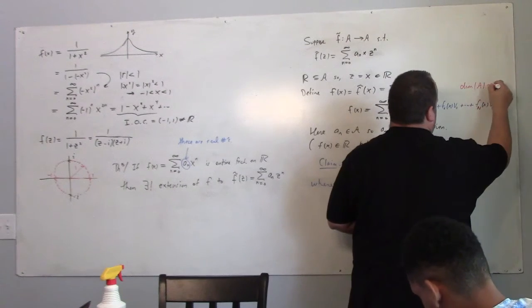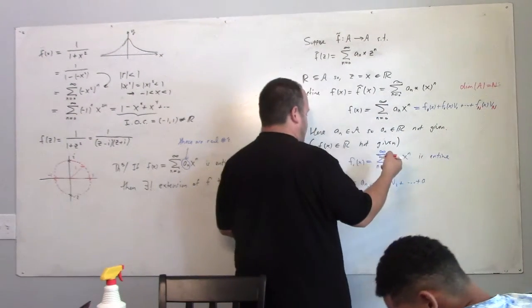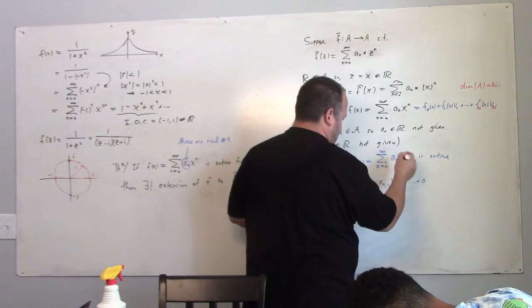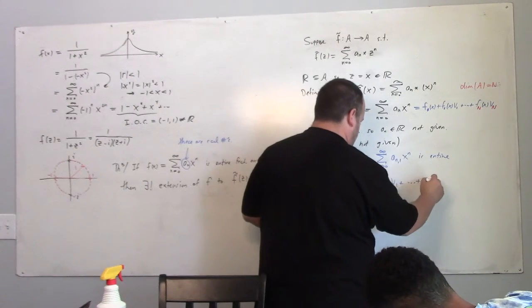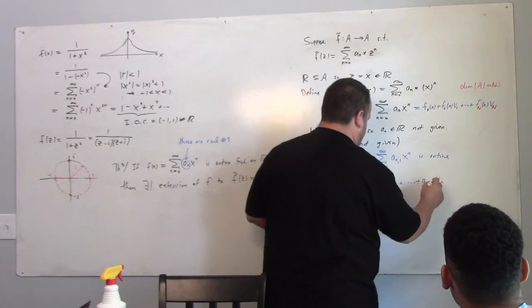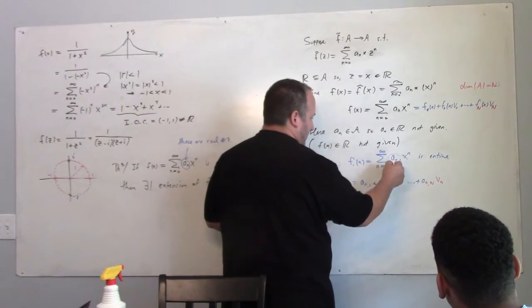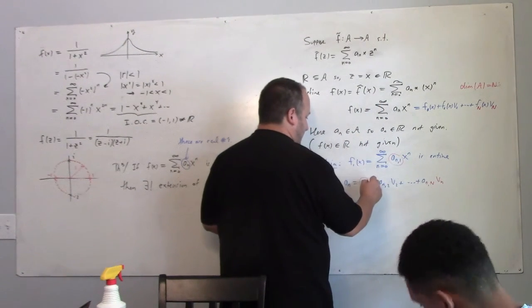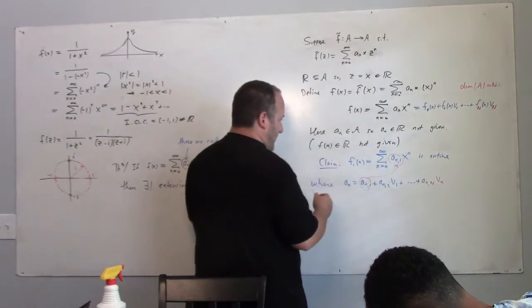So if I do that, I should put a sub little n, big N. My point is that these are the real components of the coefficients. Yes.